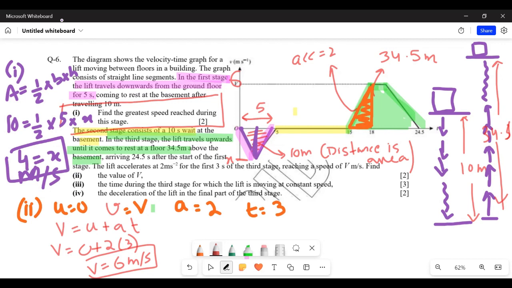Part 3 is find the time during this third stage for which the lift is moving at a constant speed. Okay. So when is the lift moving at a constant speed? From here to here. So you need the time duration for which the lift is moving at a constant speed. So basically you need the time from here to here.